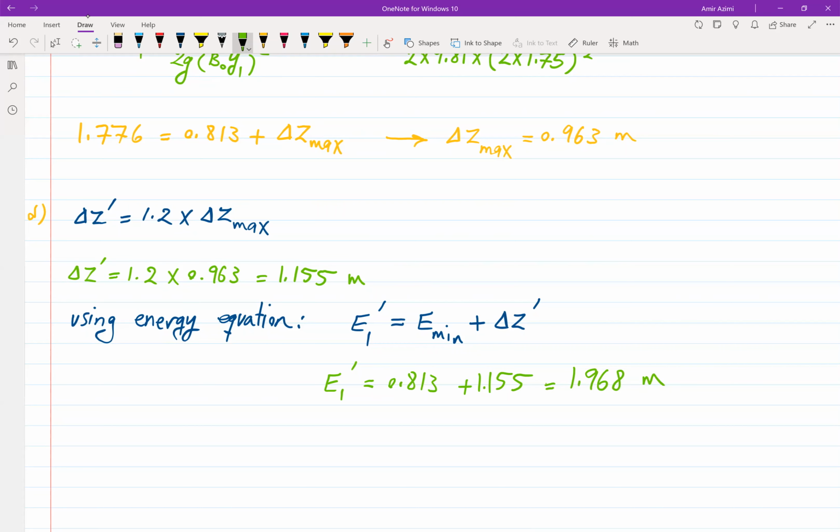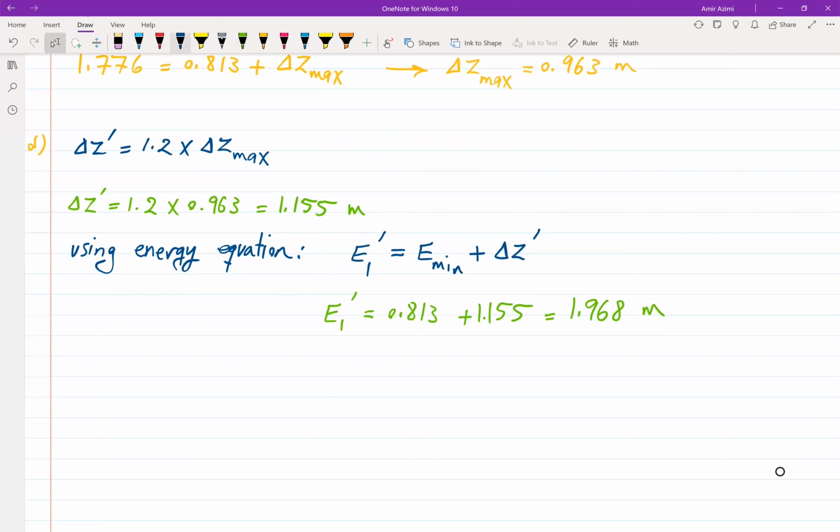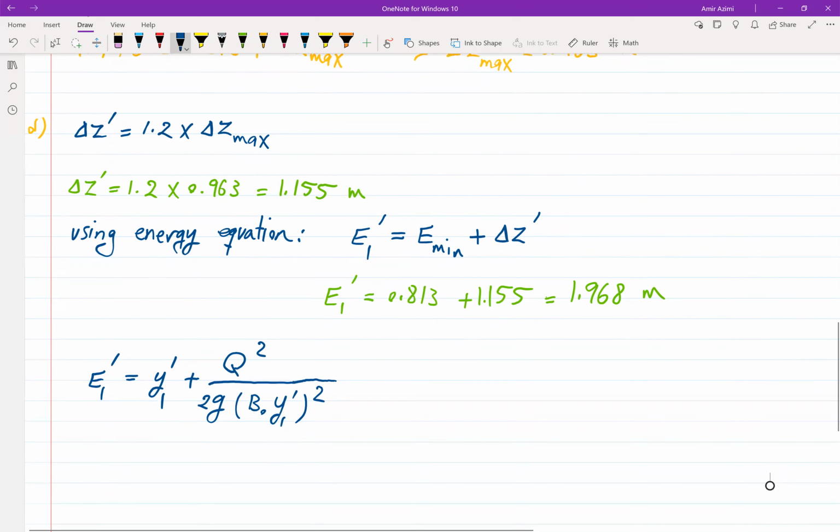So this is the new energy budget. And then we can write down the energy at section 1, or the new energy level at section 1, Y1 prime plus Q squared divided by 2G B0 Y1 prime squared. So you'll see here that E1 prime is known.